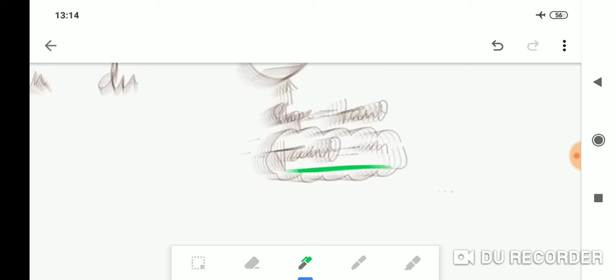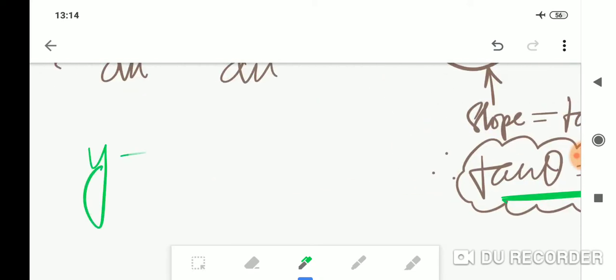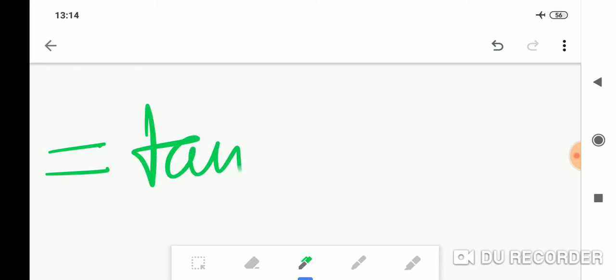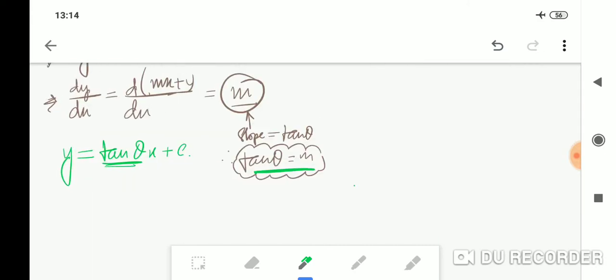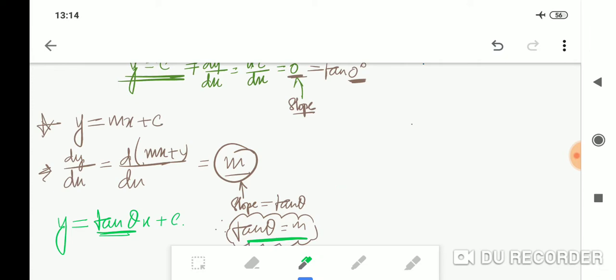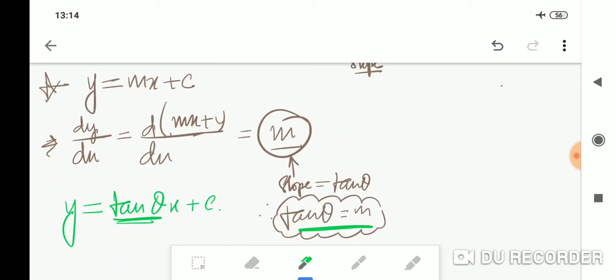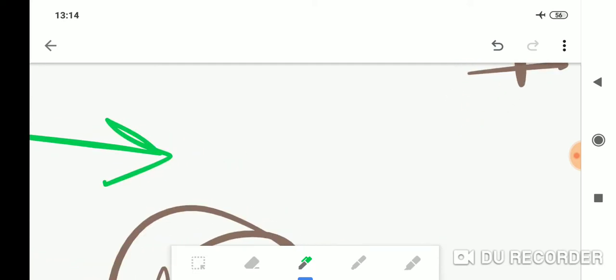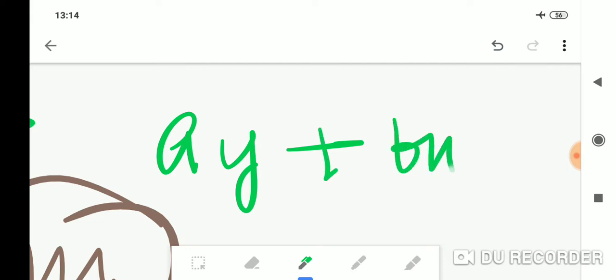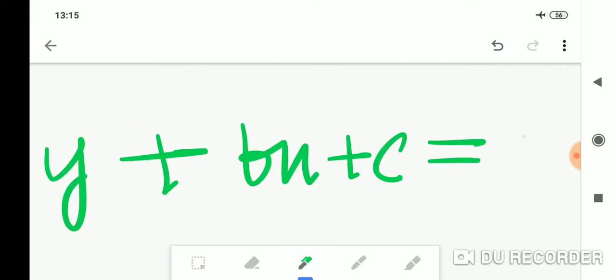So we can represent it like this: y is equal to tan theta x plus c. This is the form. So any term written here will be representing the tan theta, that is the slope of that point. Okay, so we have to understand how we can reach this. The first order equations may not be like this. It may be like ay plus bx plus c is equal to 0.